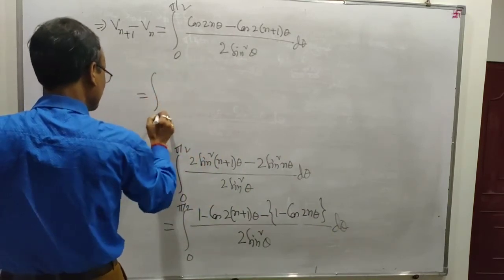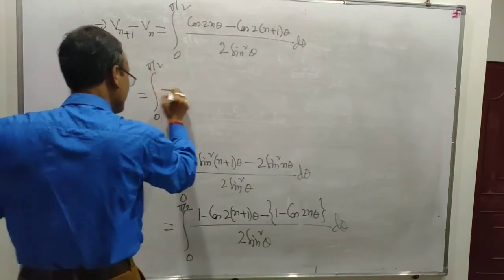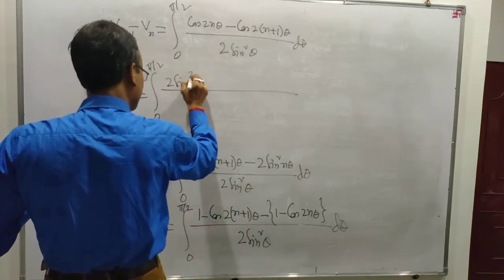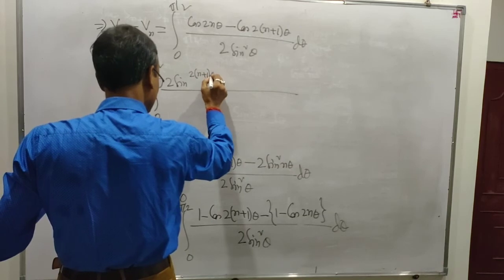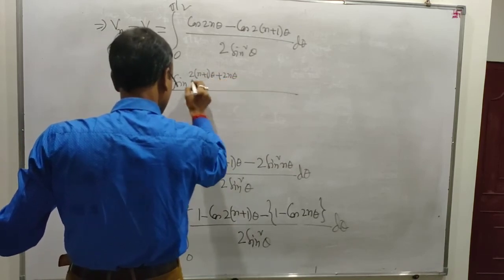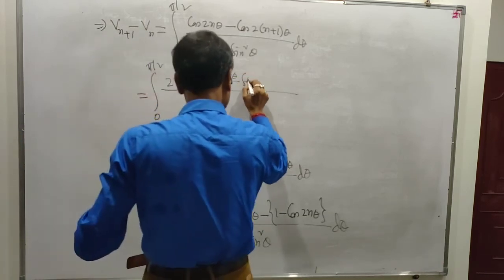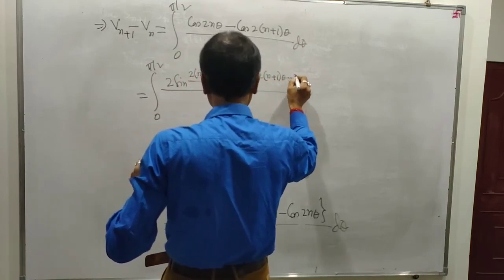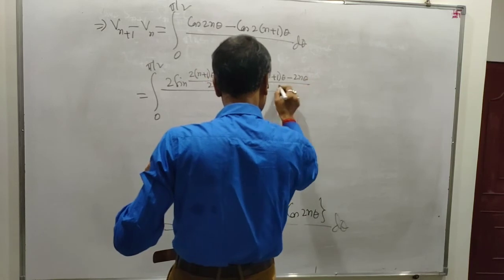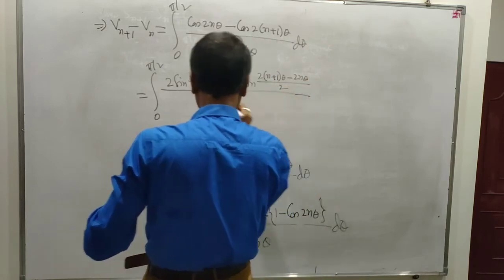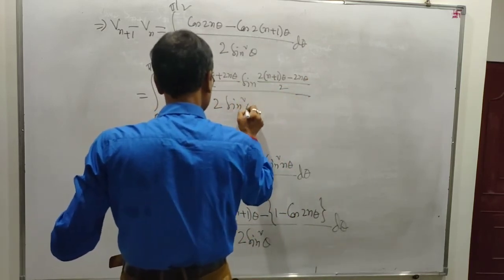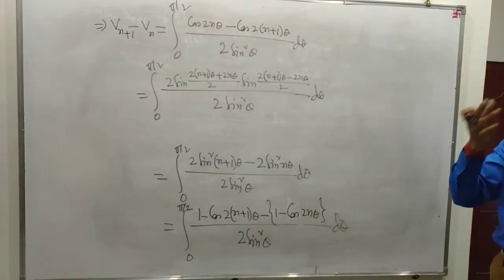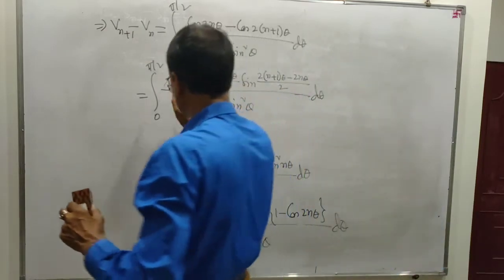This is equal to the integral from 0 to pi by 2. Cos b minus cos c is twice sine (c+d)/2 into sine (c-d)/2, over twice sine square theta d theta. Right. Now these two will be cancelled.